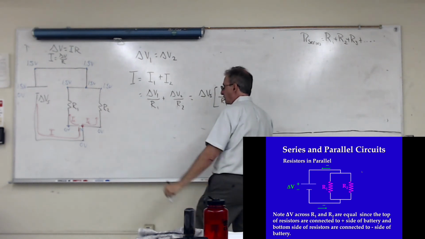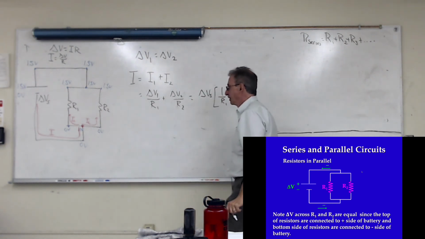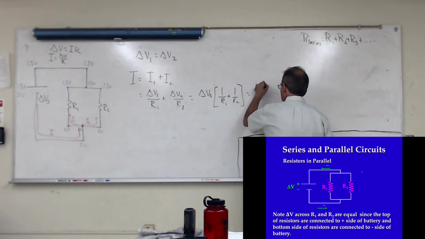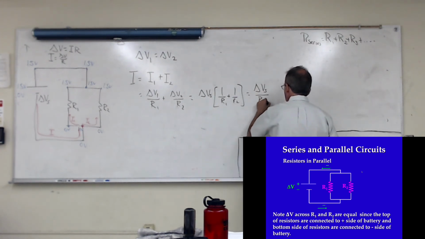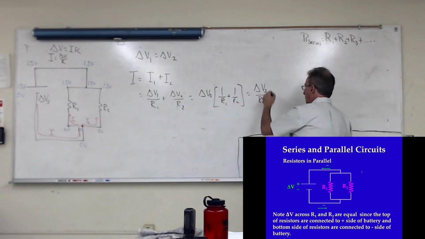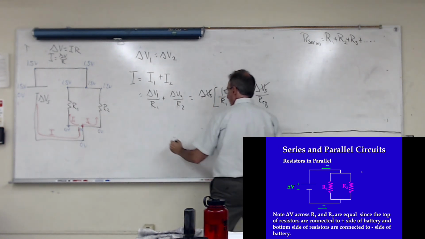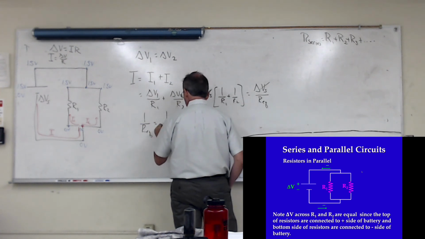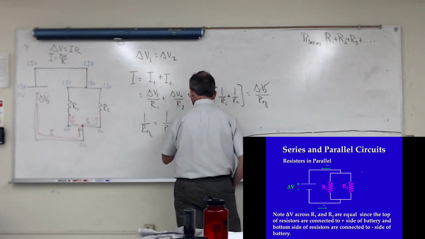What's my goal? I want to replace those two with a single resistor that gives me the same current. The delta V sub S's cancel, and I get 1 over R equivalent equals 1 over R1 plus 1 over R2.